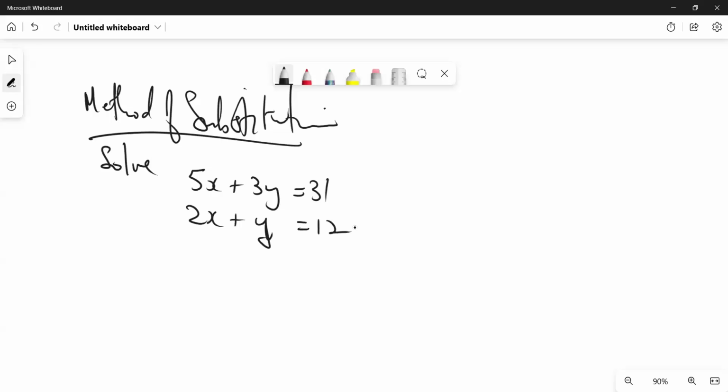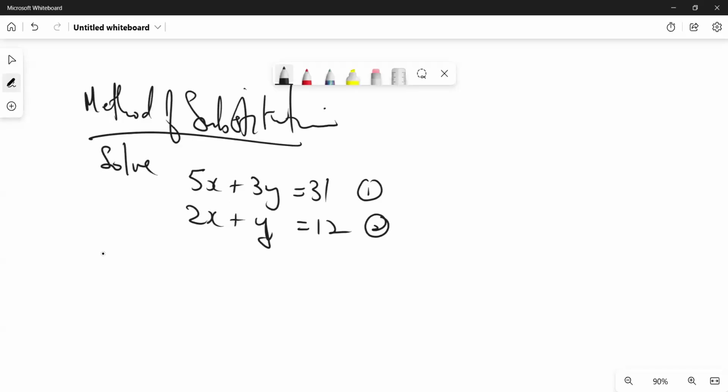Look at this. Now, let me show you what substitution really involves. So let's call this equation 1. Let's call this equation 2. You note that in this equation here, you have a y here, right? You have a y here, a lone y.